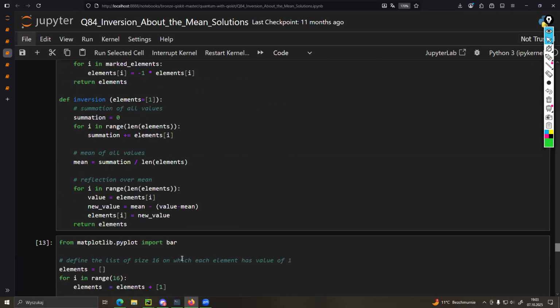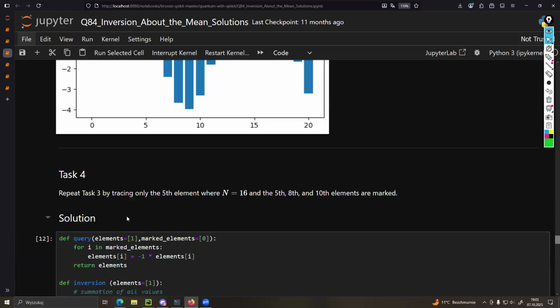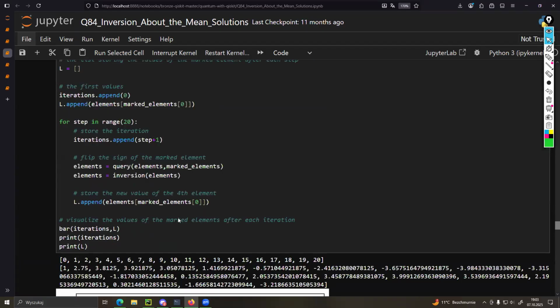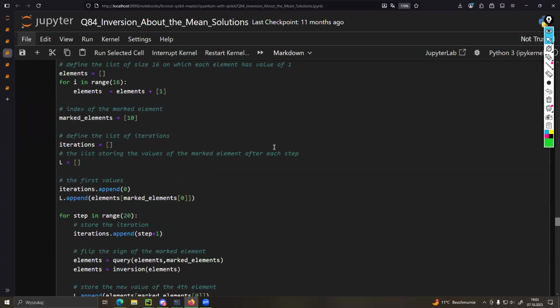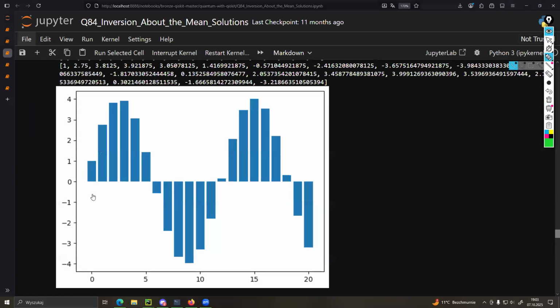So here, for example, what we have is task three, sorry for scrolling. Task three, N16, so we have double the search space, and we also have one element. And look what happens. This is our initial state, and this is our state after the first boost. The relative probabilities are fine, go up to 4, but remember that we have double the space.